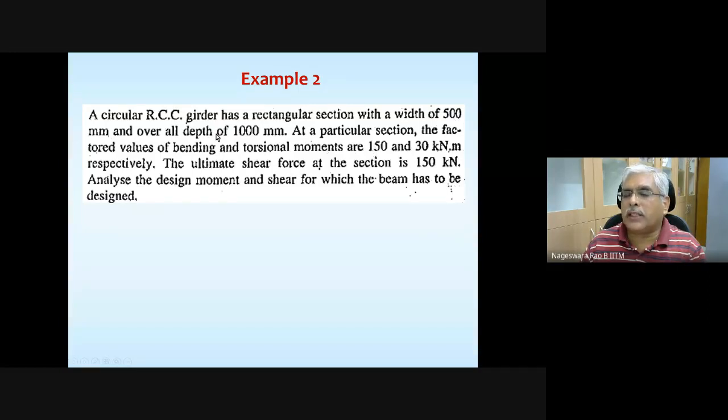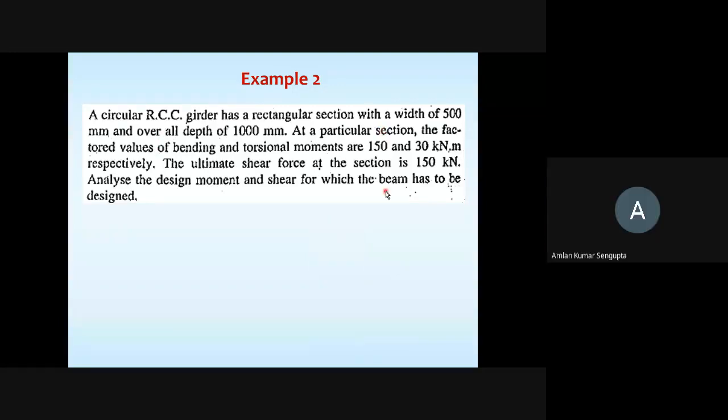The section dimensions are given. Anyway, I just mentioned this is a print mistake here. This circular word you can strike out. No, I think the circular is referring to the geometry in plan, that it is like a canopy beam.